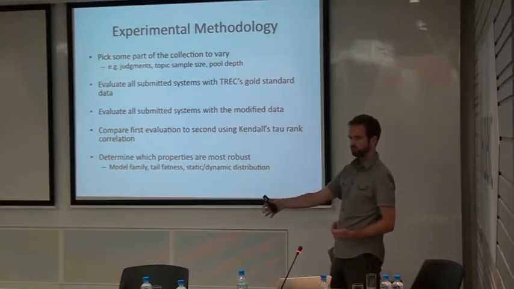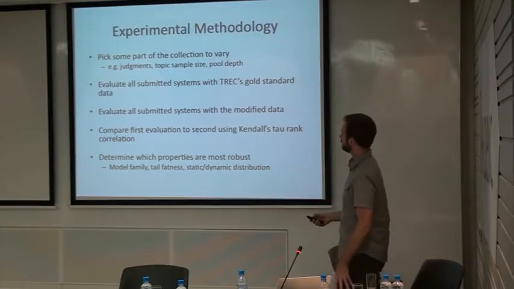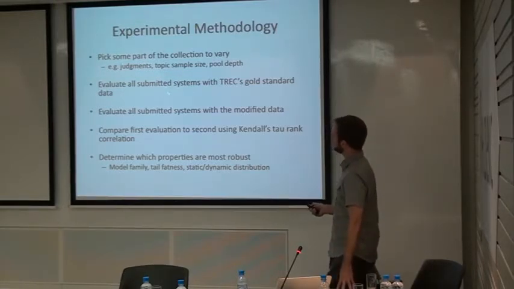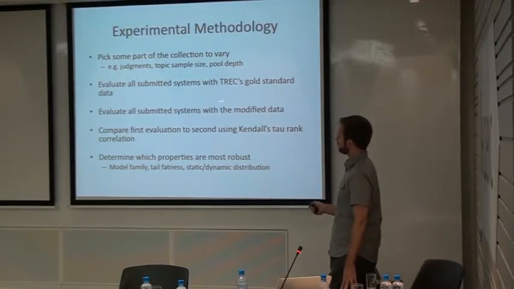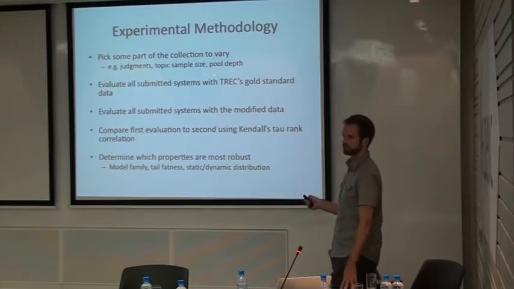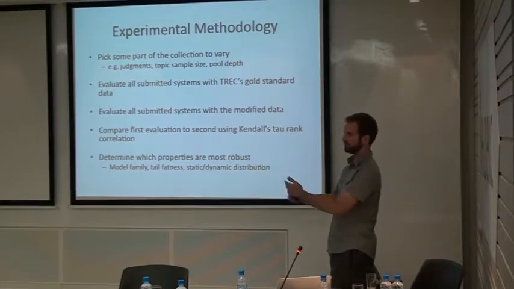It's not based on data at this point. We can ask whether measures that are based on stopping probabilities are better than measures that are based on viewing probabilities. So is RBP better than DCG, for instance? Our hypothesis here is that the ones that are based on viewing probabilities are more robust than the ones that are based on stopping probabilities.